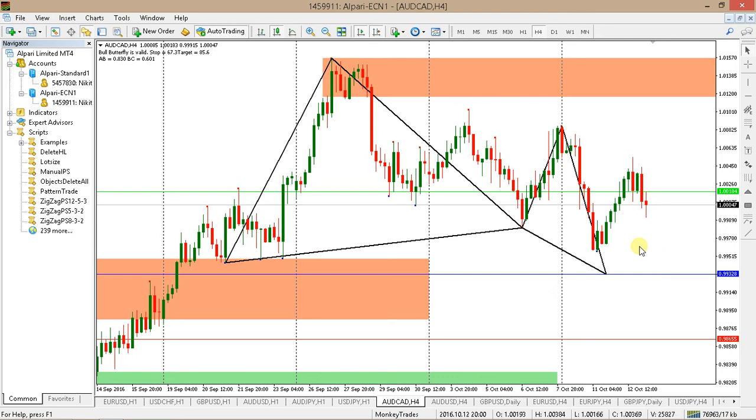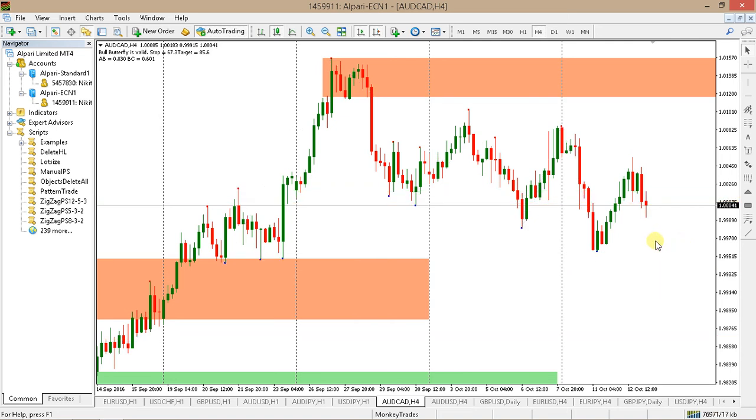So my plan is, if price goes lower and touches my limit order, of course I will be executed. My stop loss is my red line, my take profit is my green line. But we also have an opportunity that price will never go lower, it may go higher. In this case, I have another setup. Let me draw it this way. This would be my X to A leg, this will be my A to B leg, and this is my A to C leg.